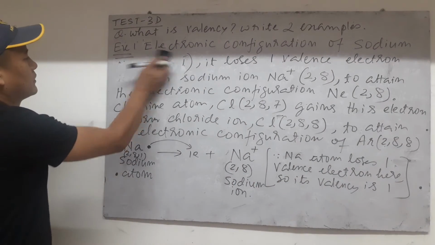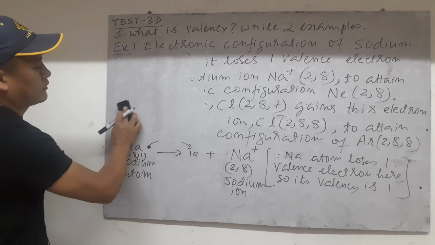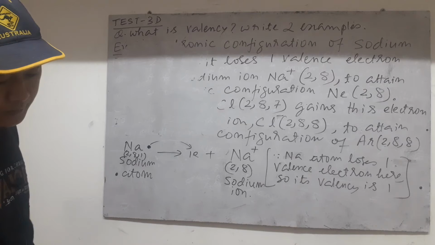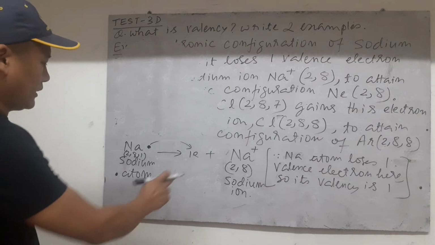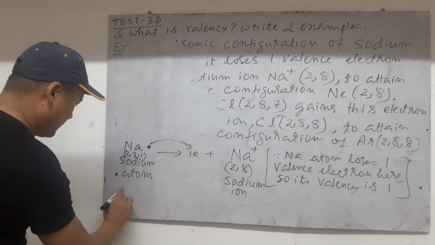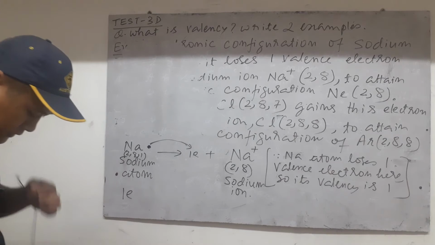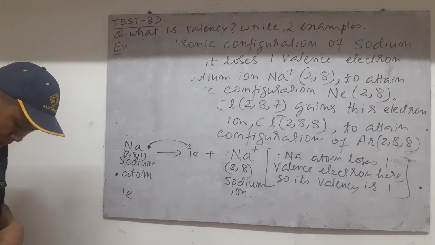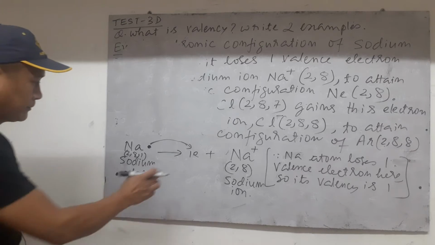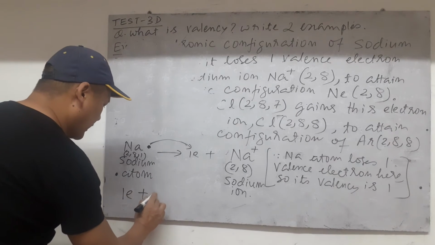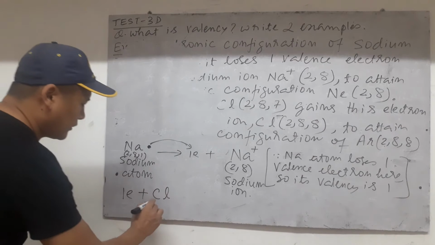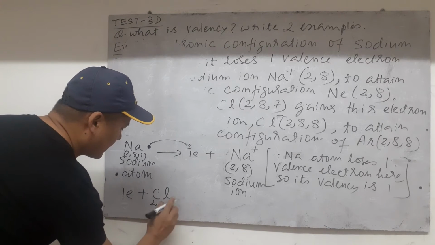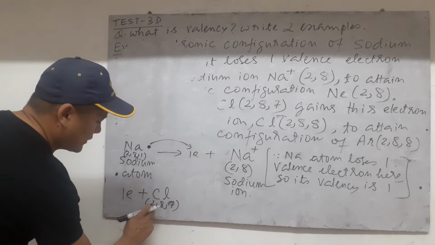Now continue. This electron lost here by sodium is gained by the chlorine atom, and we know the chlorine atom has 2, 8, 7 electrons in the first, second, and third shell.